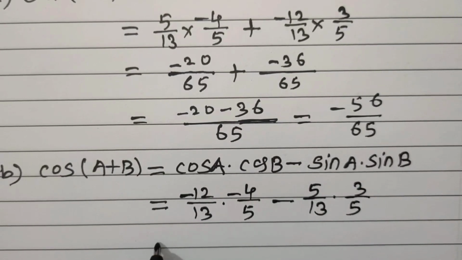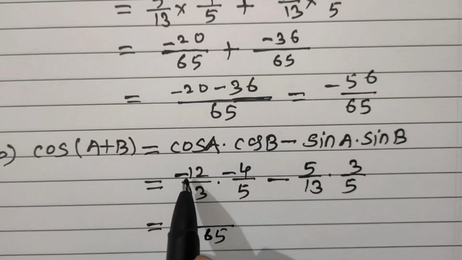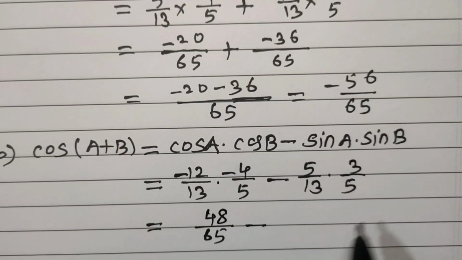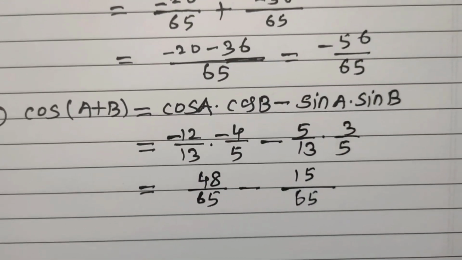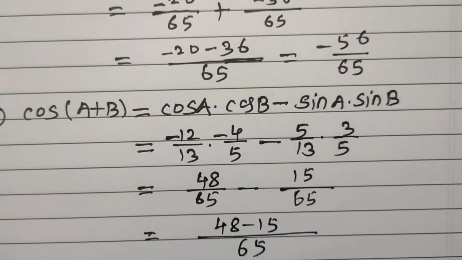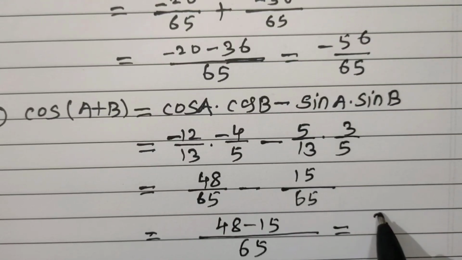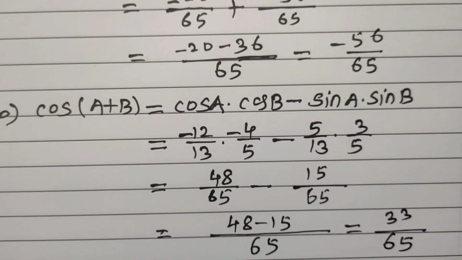Simplify this. 13 into 5, 65, and in numerator minus 12 into minus 4, 48, minus 13 into 5, 65, and in numerator 5 into 3, 15. So we can take LCM as 65. So this is equal to 65 in denominator, numerator 48 minus 15, and 48 minus 15 is 33. So this is equal to 33 divided by 65. This is the value of cosine of A plus B.